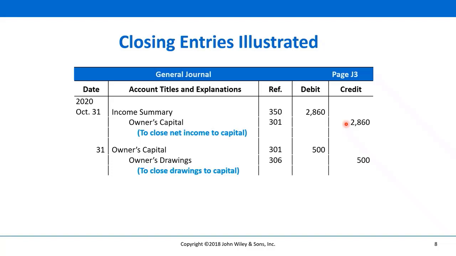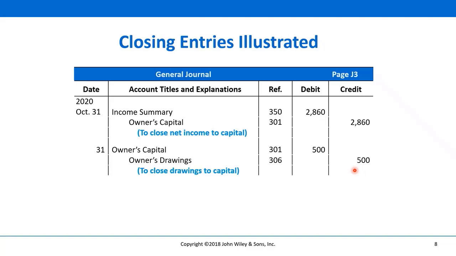Very simple. So our main job is actually done, and we have only one more account to be closed, and that is owner's drawings account. Owner's drawings account normally has a debit balance. Suppose the owner's drawing of this company in this particular accounting period is only $500. So if we want to close that owner's drawing account, we have to credit owner's drawing by 500.